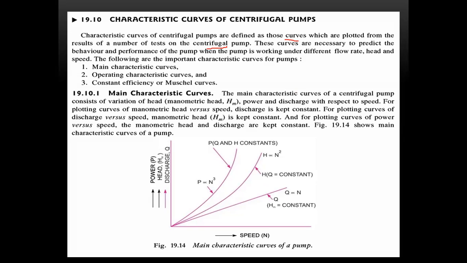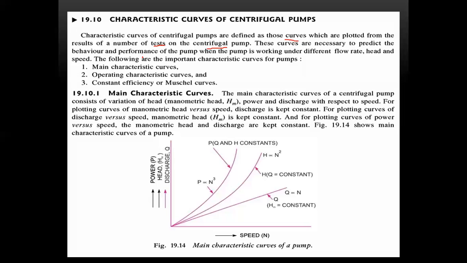So curves apply for any pump or a turbine. Based upon the test results, you get the output. The number of tests conducted determines how the curves are obtained, right? These curves are necessary to predict the behavior and the performance of the pump.